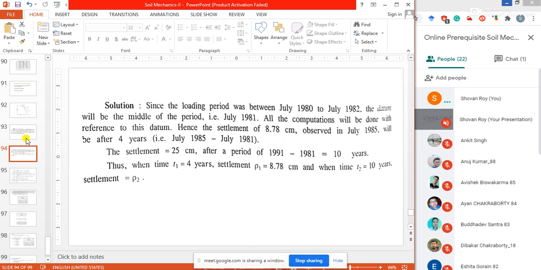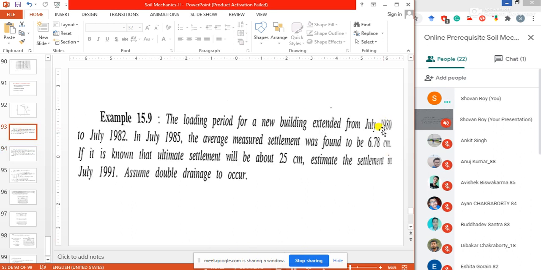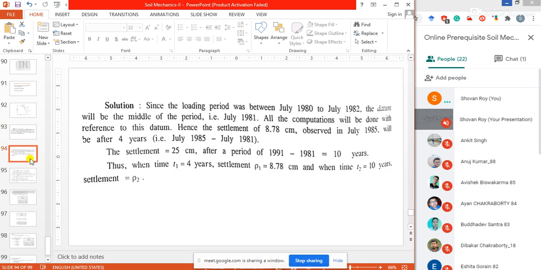So this difference is 2 years, 1980 to 1982. Okay, middle period should be taken.